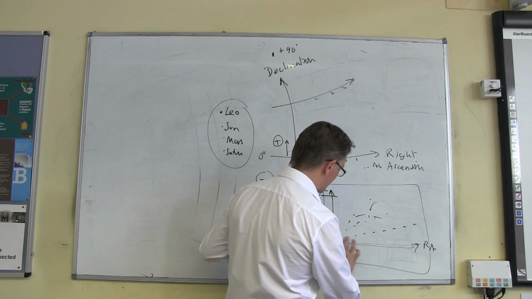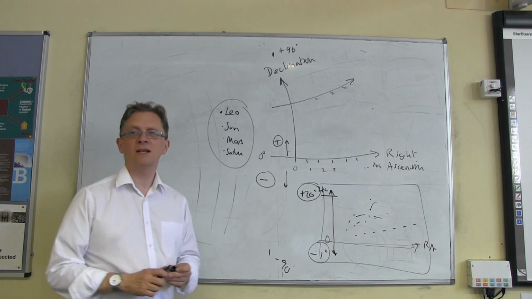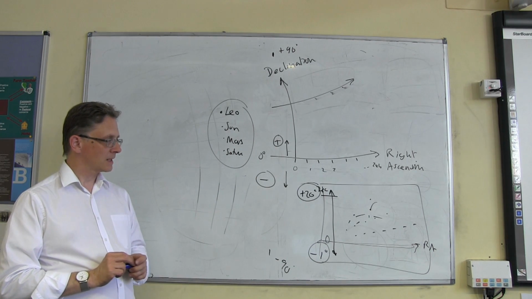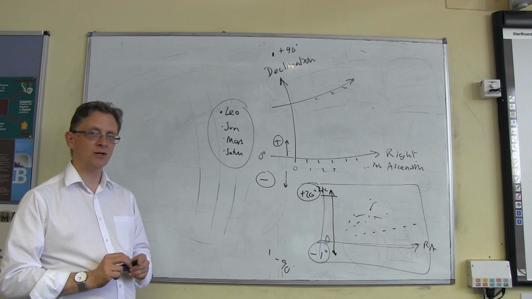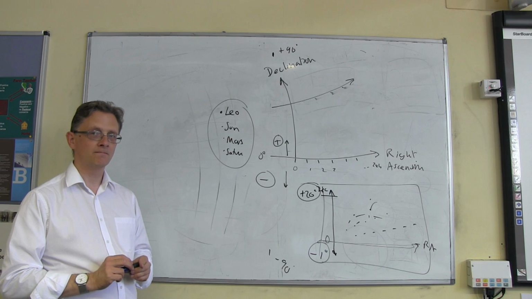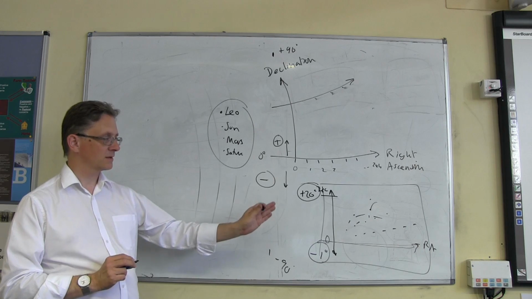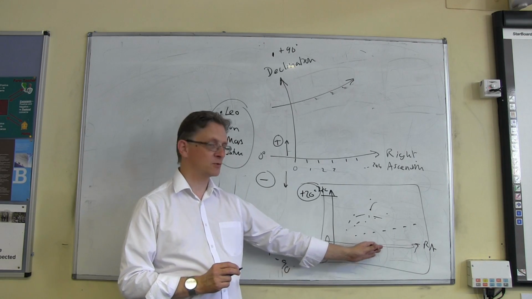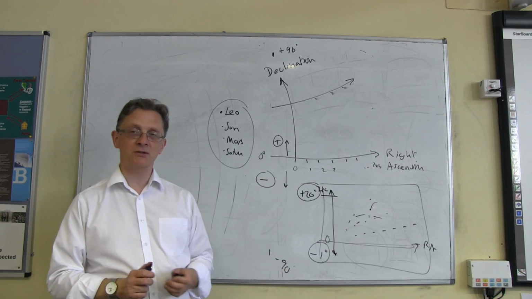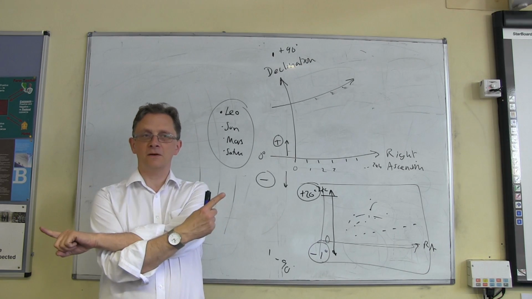Now, can I just point out to you, for reasons I'll leave you to think about, you need to plot the right ascension backwards. If you plot it 8, 9, 10, 11, 12, 13, you'll get a perfect set of results completely back to front.